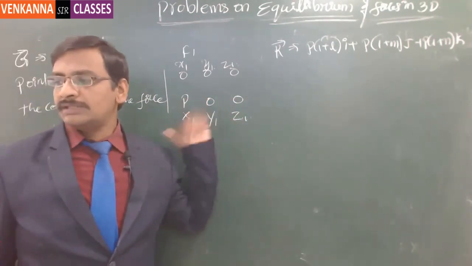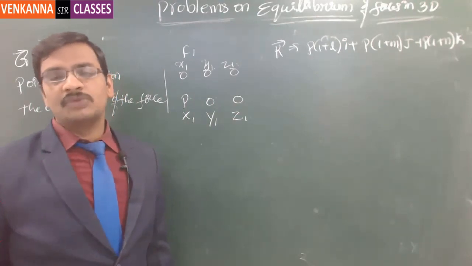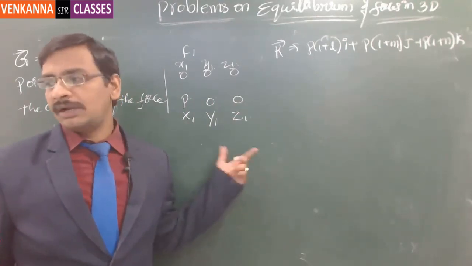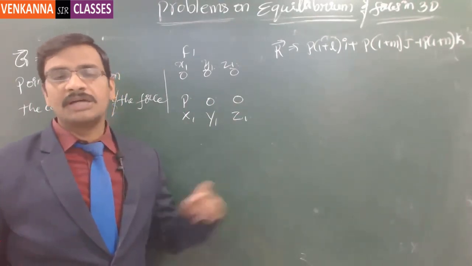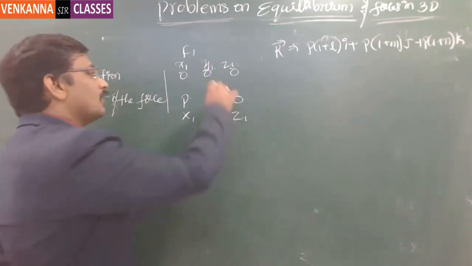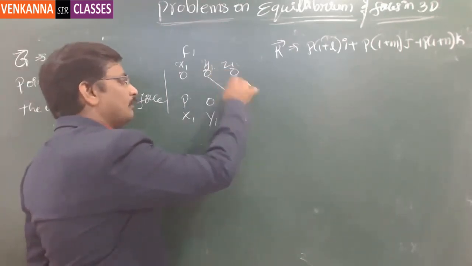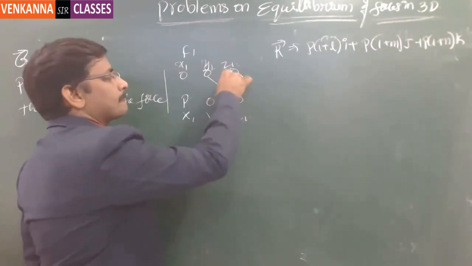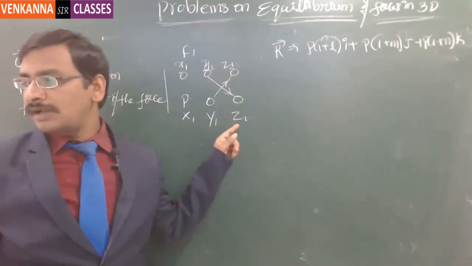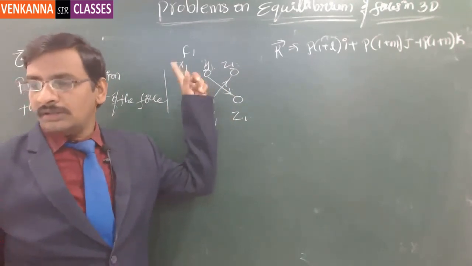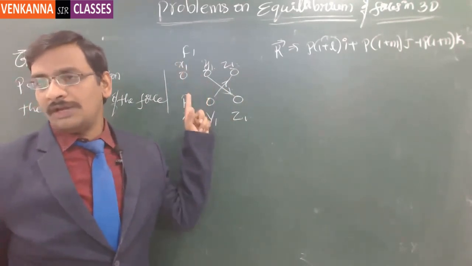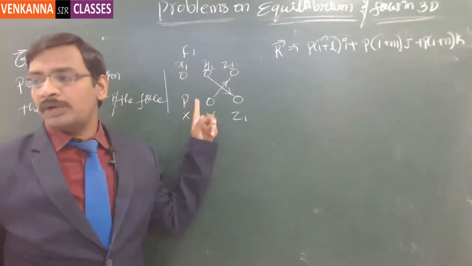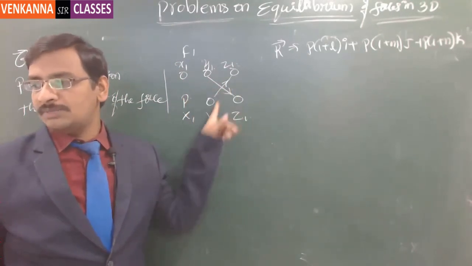The advantage of writing in this manner is that when we are doing the A cross F, that is nothing but the cross product, so if you calculate AD minus BC, you are going to get the moment of the force for F1. This F1 moment you get based on the AD minus BC value.